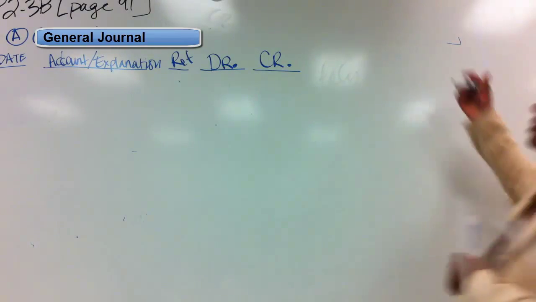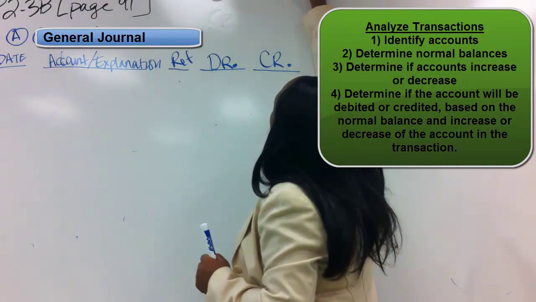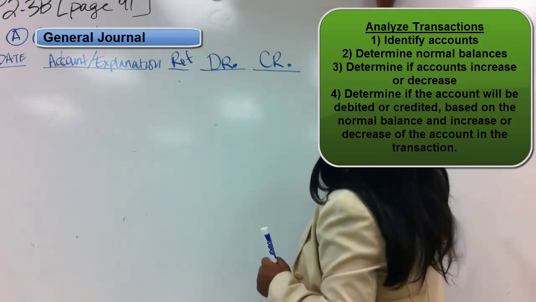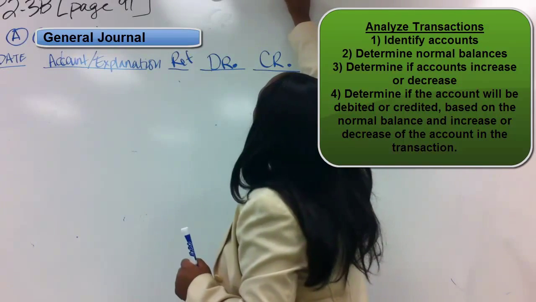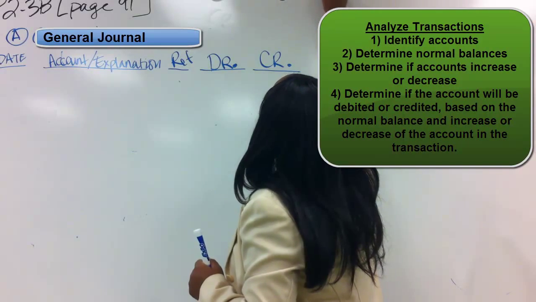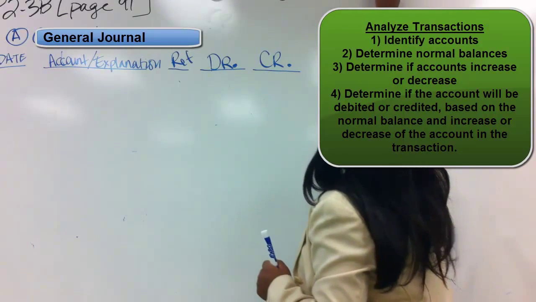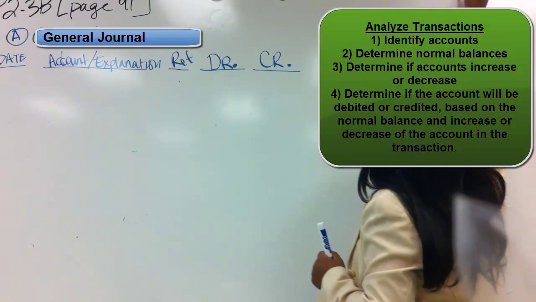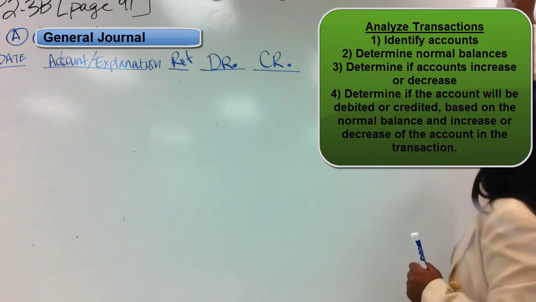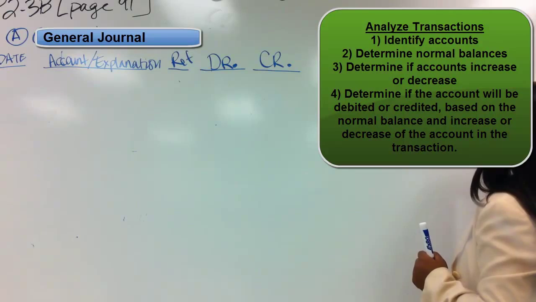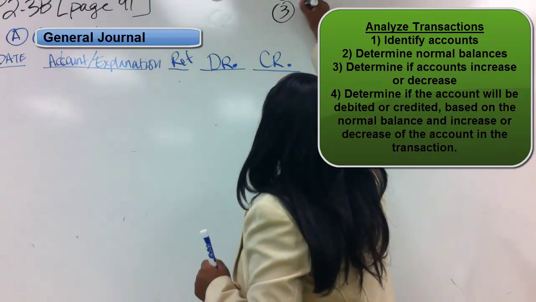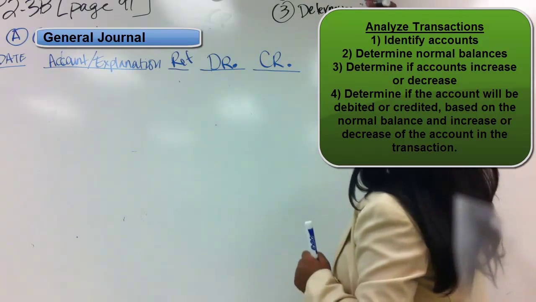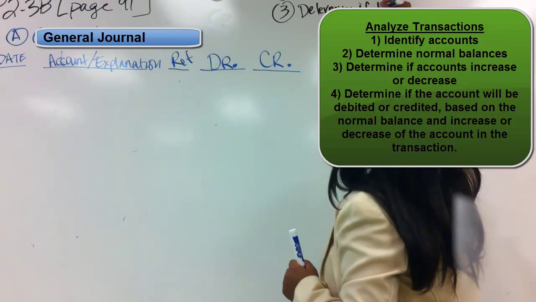First thing you want to do is, 1, identify the accounts. 2, determine the normal balance for each account. 3, determine if the account will increase or decrease.